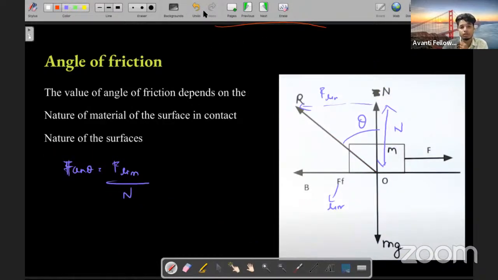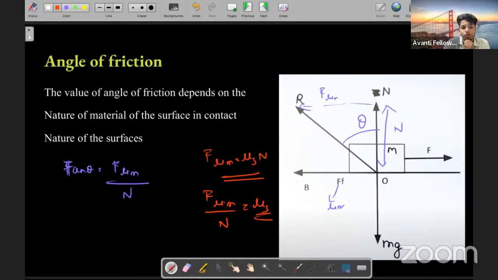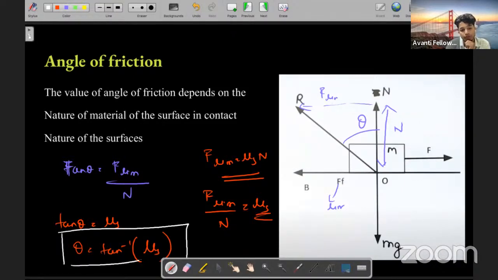Now, see, students, you know that there is one formula here. We know F limiting equal to mu S times N. So F limiting by N is equal to mu S. So can I substitute over here? So tan theta is equal to mu S. So theta is equal to tan inverse of mu S. Now this is the formula to find the angle of friction, students.